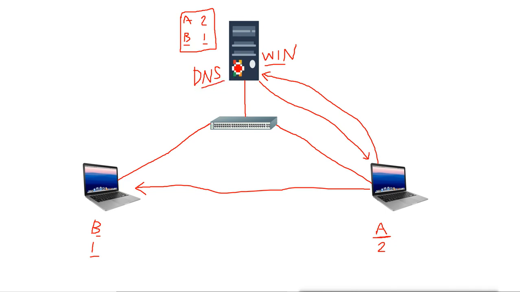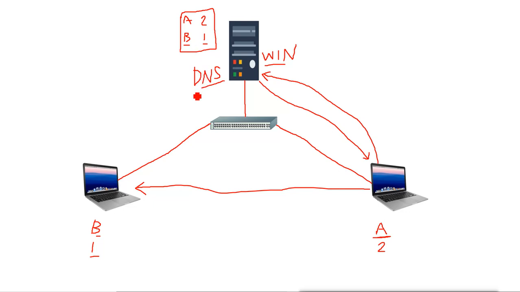Now the DNS server also has the same kind of database as WINS. It has the name and IP database of all the machines in the network. When any machine wants to get the IP address of some name, it will send the request to DNS, and the DNS server, in reply, will send the IP of that machine. So it works like WINS, but the difference is it is not storing the NetBIOS name.